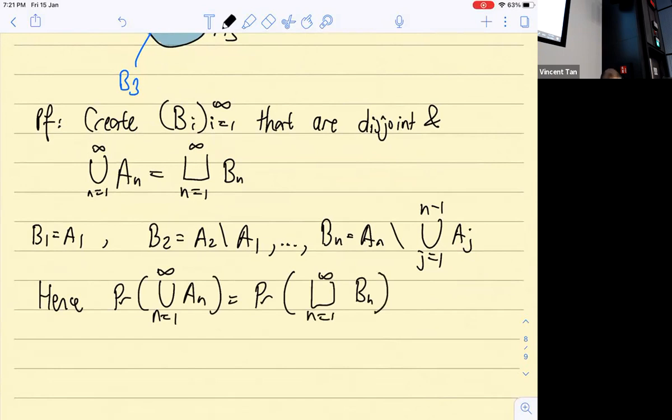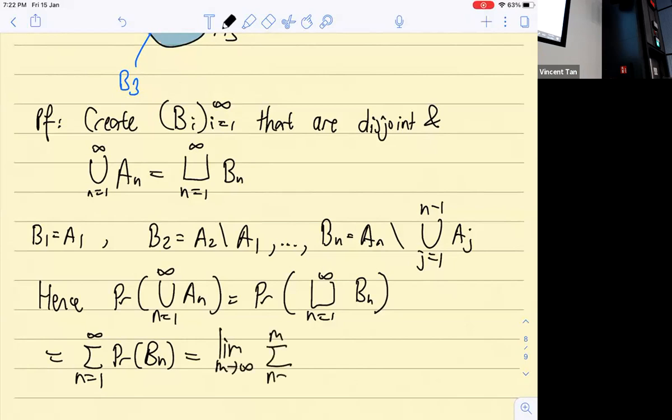Now I have this disjoint union, but by one of the previous axioms, this is an infinite sum of the probabilities of B_n. I'm allowed to do this now. I was not allowed to do this just now. But what is the meaning of this? This is the limit as m goes off to infinity of the sum from n equals 1 to m of the probability of B_n. I'm allowed to do this. This is all equality.